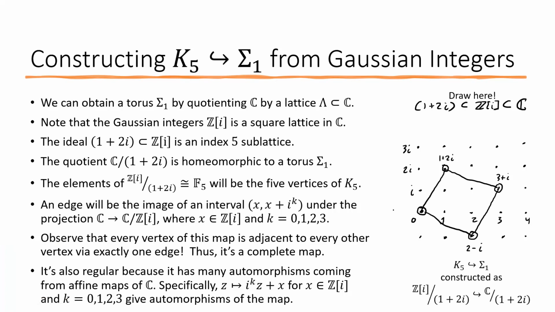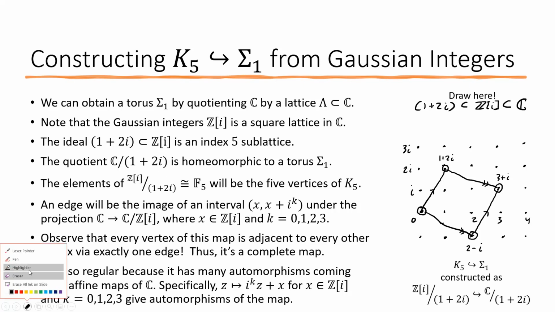Inside of that fundamental domain, I have a bunch of points. In this fundamental domain, I need to identify this side with this side and this side with this side, and that's going to give me a torus. That torus is going to be sigma 1. So my torus is C modulo this index 5 sublattice inside of the Gaussian integers.